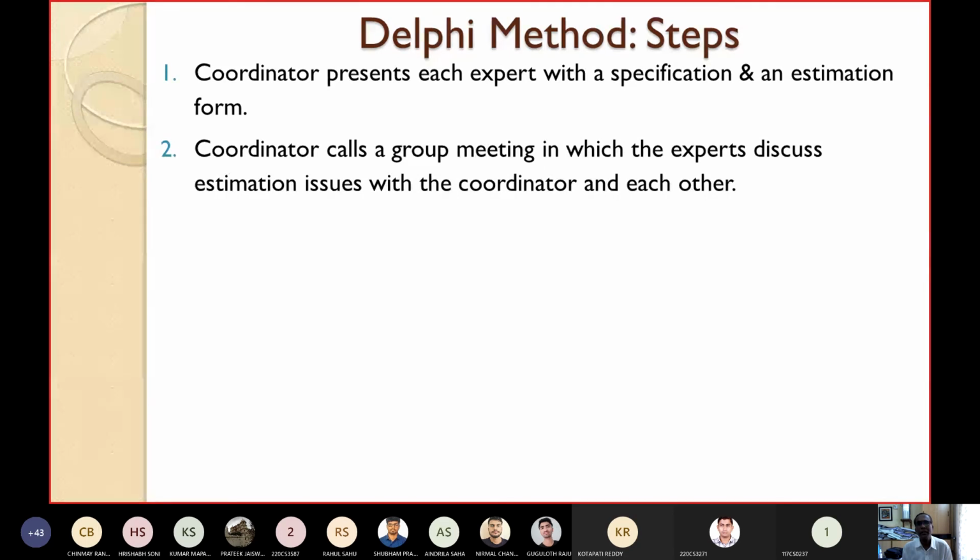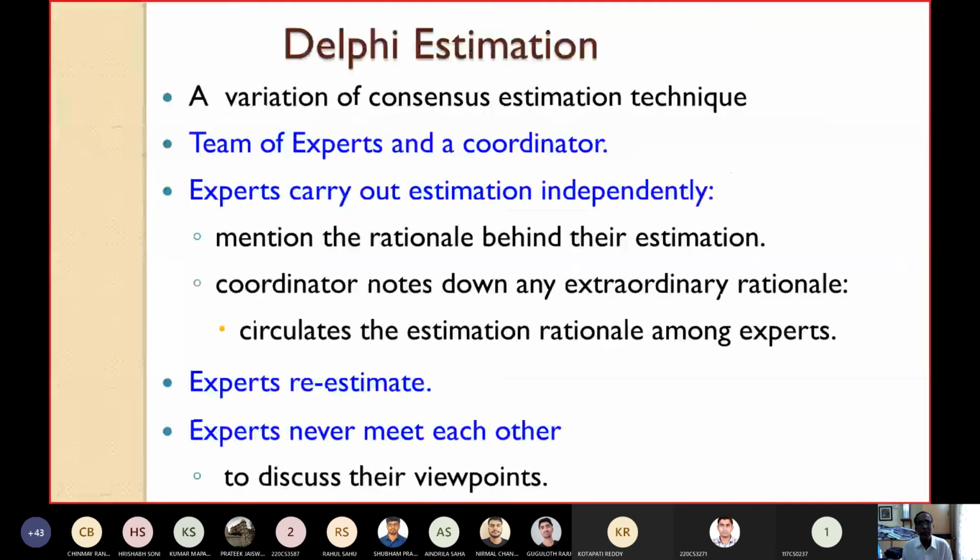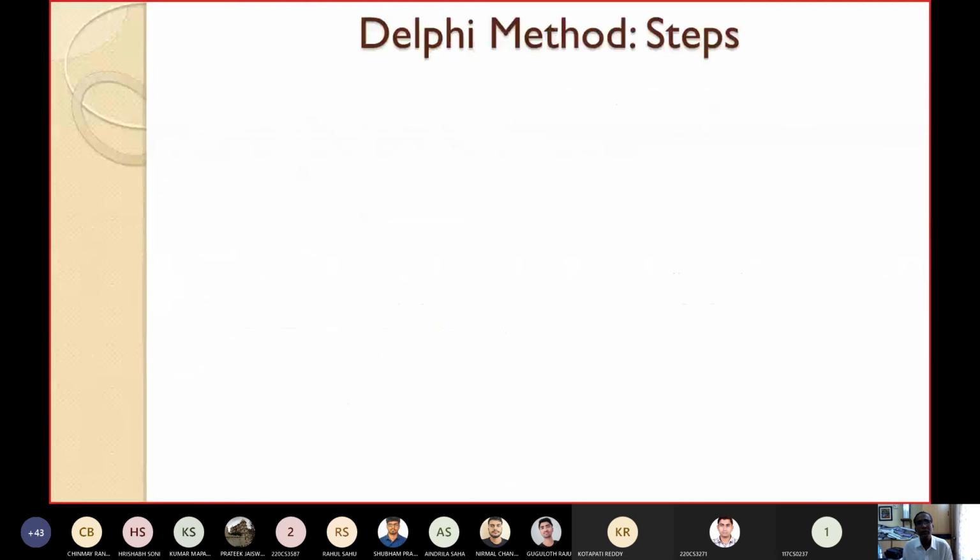They may discuss, but they do not say what their estimates are. They may discuss common points about the project, but they don't disclose their estimates. I think this step needs correction, because we have seen that the experts never meet each other in Delphi estimation.